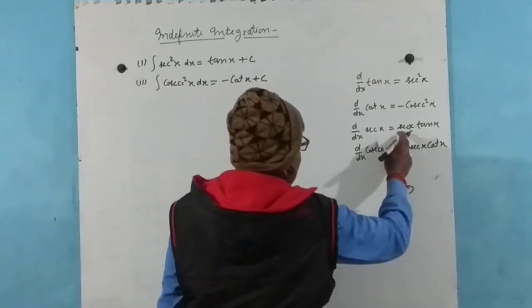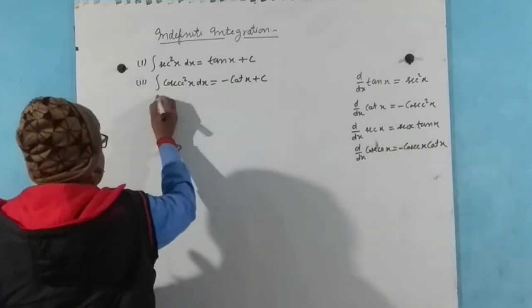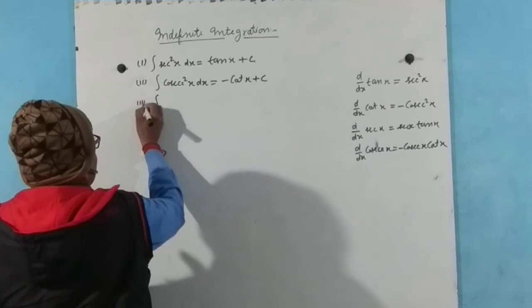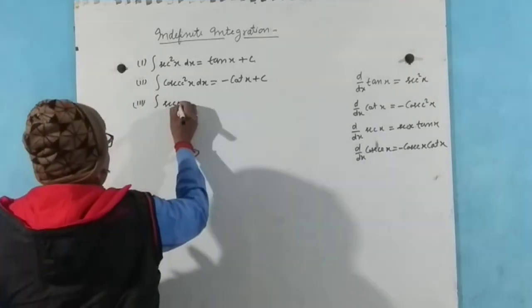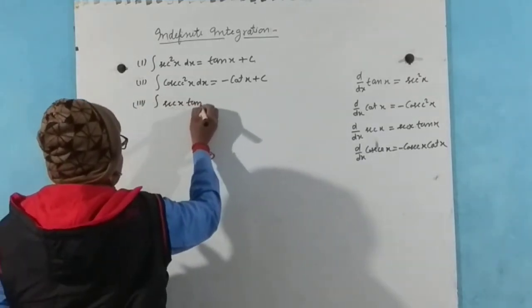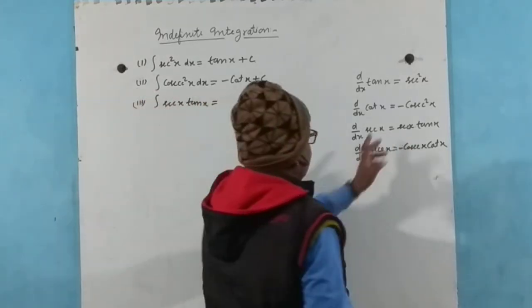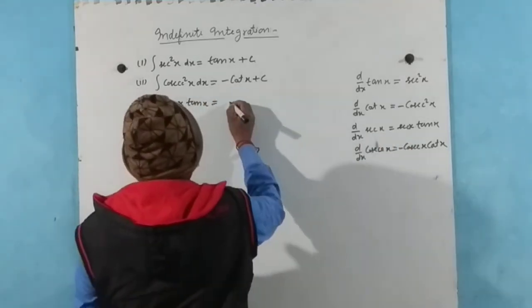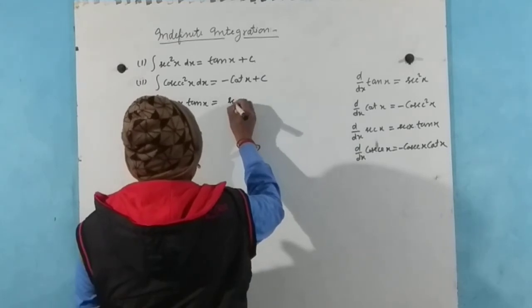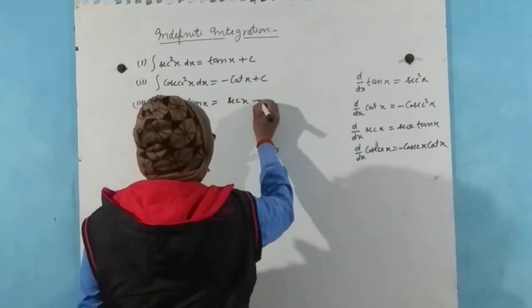Integration of sec x tan x is sec x plus c.